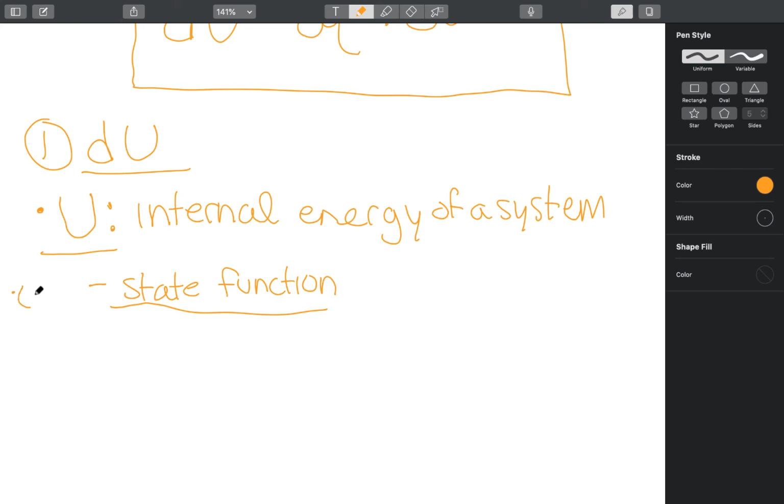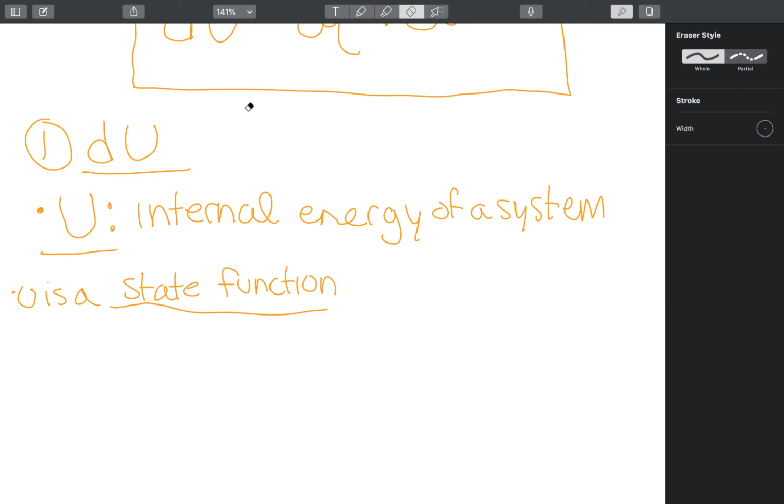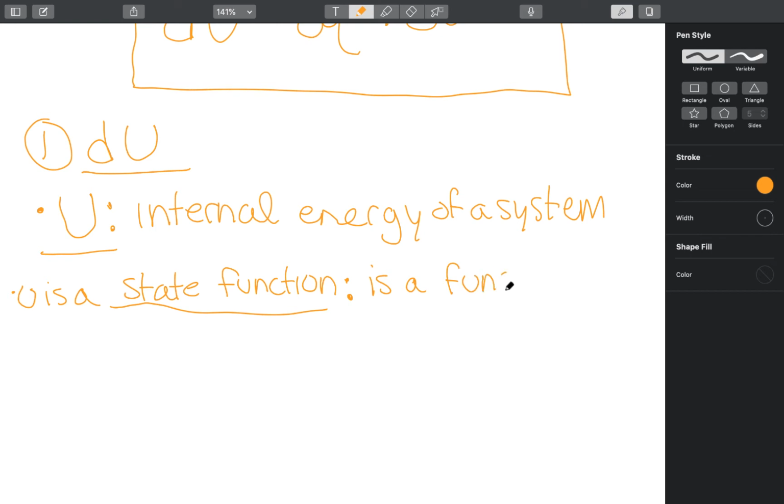So U is a state function. So let's erase this little dash. So U is a state function. So what is a state function? A state function is a function that is pathway independent.